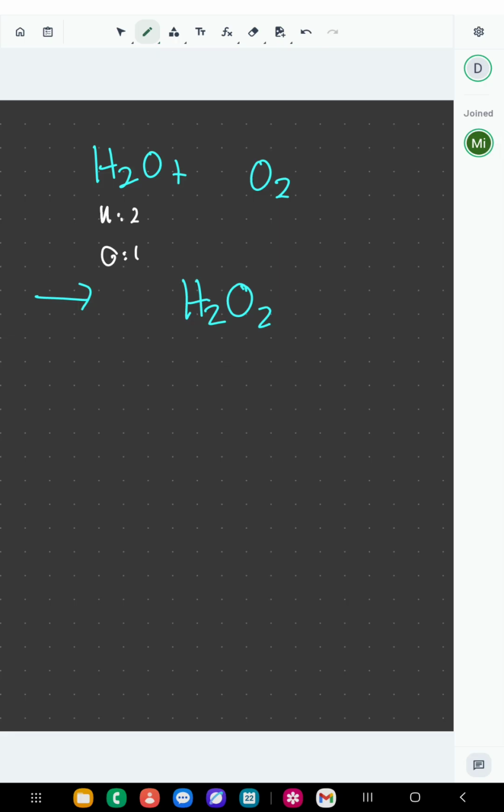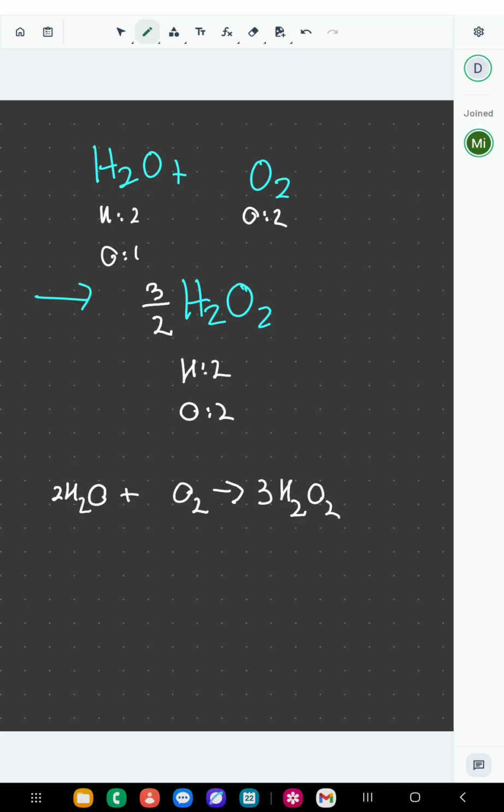Then we have 3, but the other one is 2. If that is 3/2, your hydrogen would become 3. Look, if you multiply this by 3/2, that means you also multiply your hydrogen by 3/2.